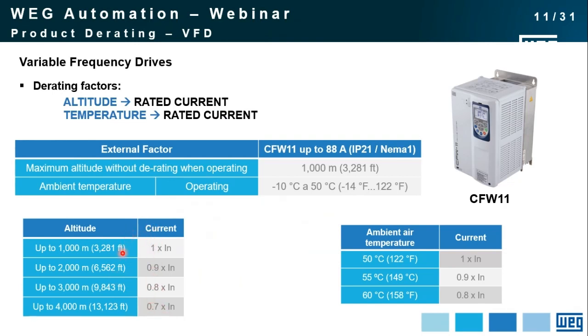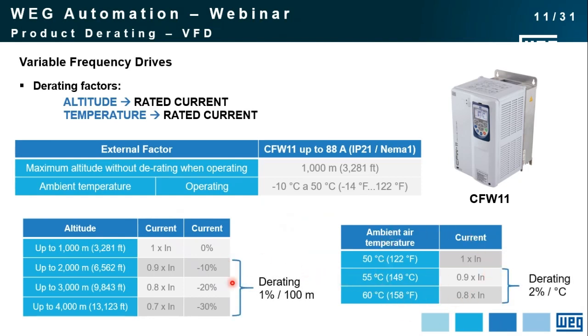So if you have, for example, a 10 amp VFD and you have to apply that at 4,000 meters, you have to multiply by 0.7, meaning that the CFW11 can only deliver 7 amps. Another way of saying that is, instead of multiplying by a factor, decreasing by a percentage. I'm going to give some examples about it later. And here on the right, we have a similar table, but for temperature.